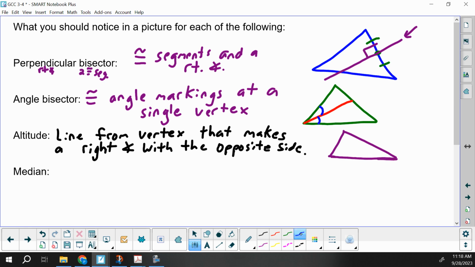So if we wanted to go, actually let me make that a little more slanted. There we go. So if I wanted to do an altitude from this one here, we'd have a line coming from the vertex, and it forms a right angle with the opposite side.